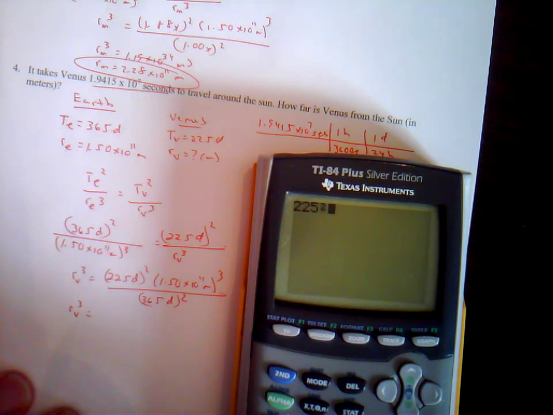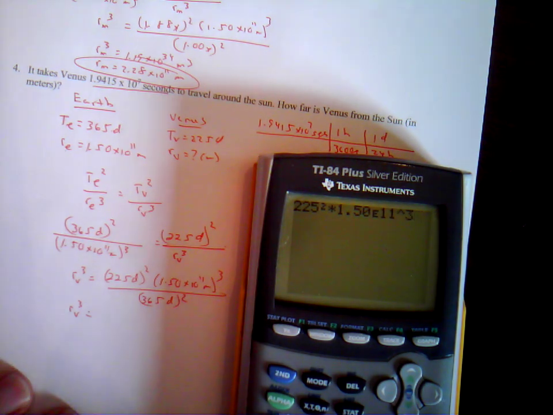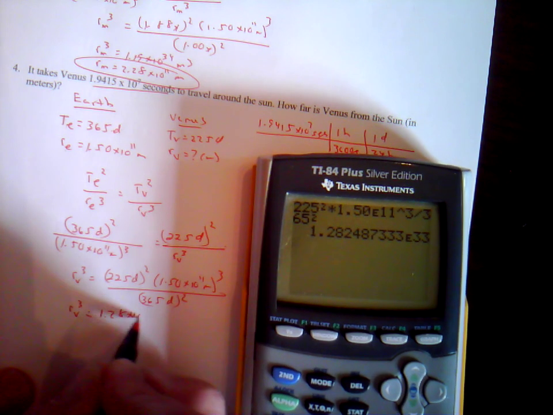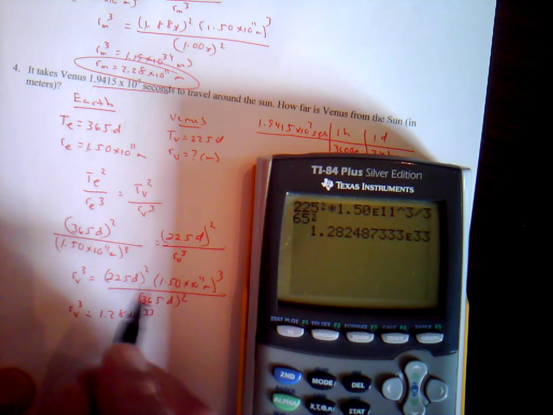225 squared times 1.50 EE 11, raise that to the cube power, divided by 365 squared, and we get 1.28 times 10 to the 33rd, and the days cancel.